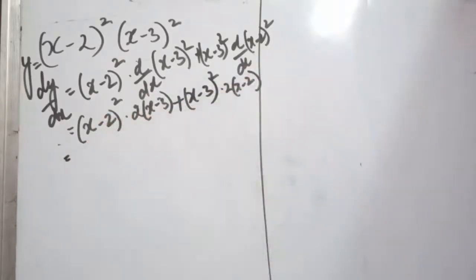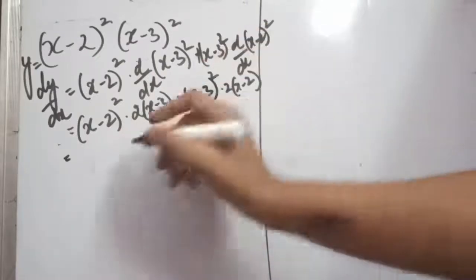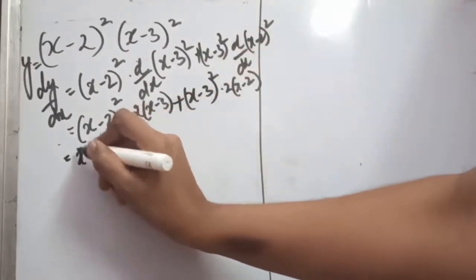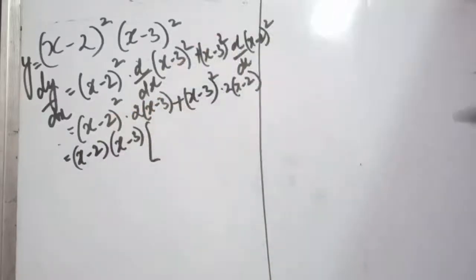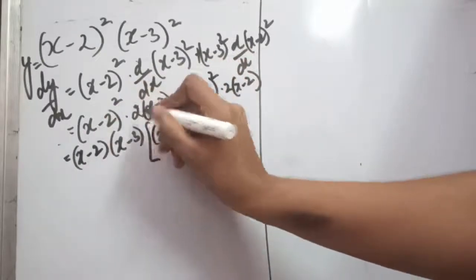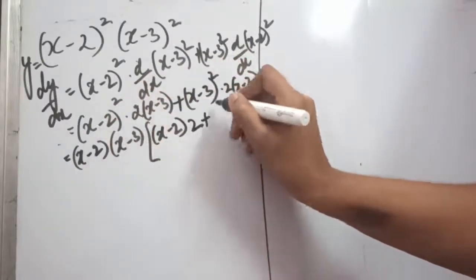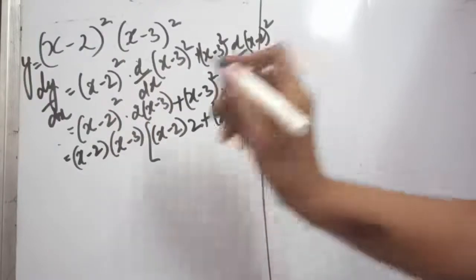So if we take from here, we know that on both sides x minus 2 and x minus 3 are common. So we can take x minus 2 and x minus 3 outside. What will be left in the first place? X minus 2 will be there and 2. Plus in the second place, x minus 3 and 2 will be there.